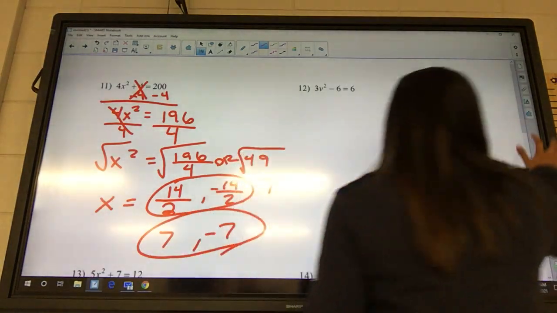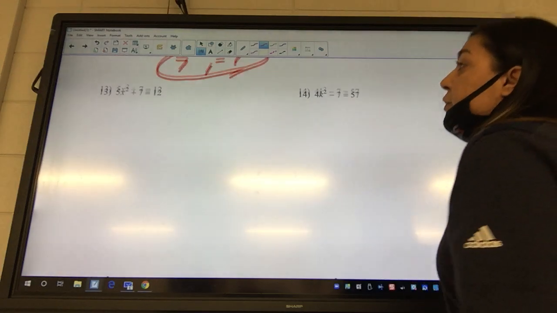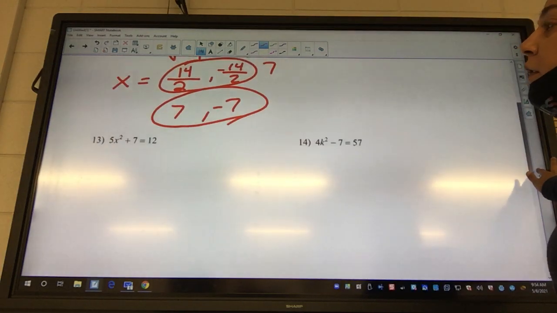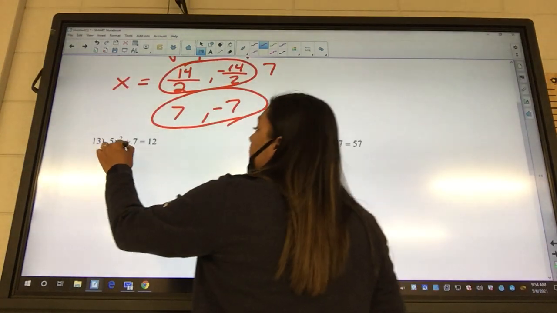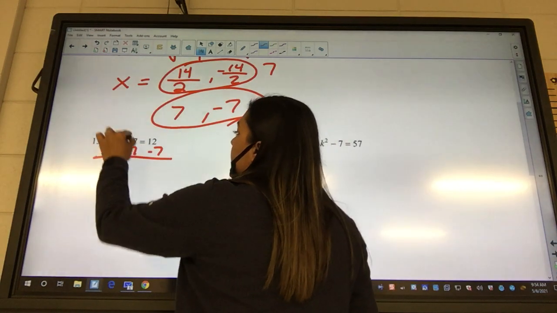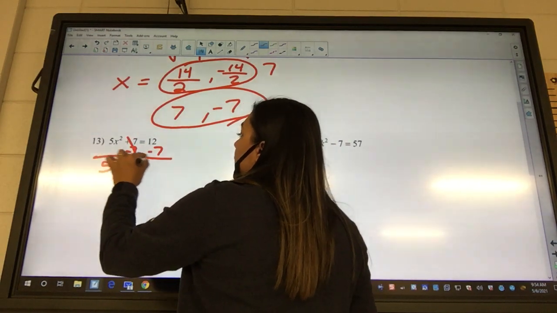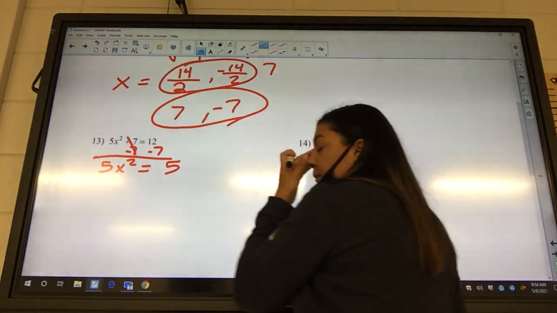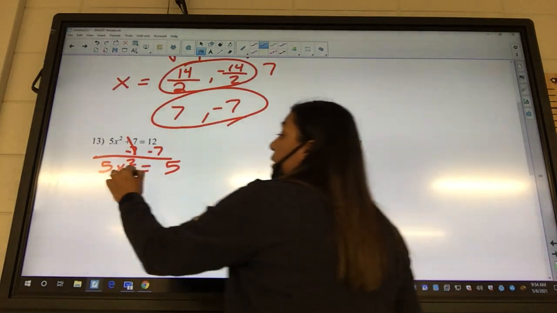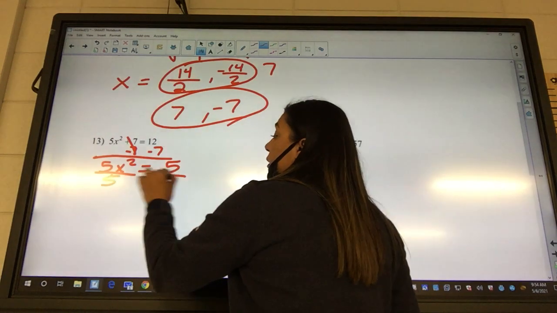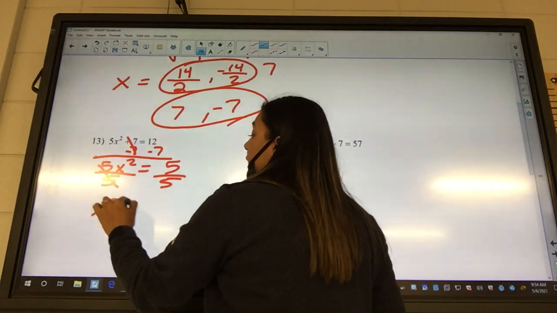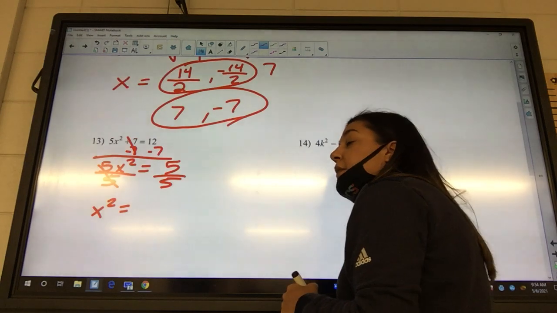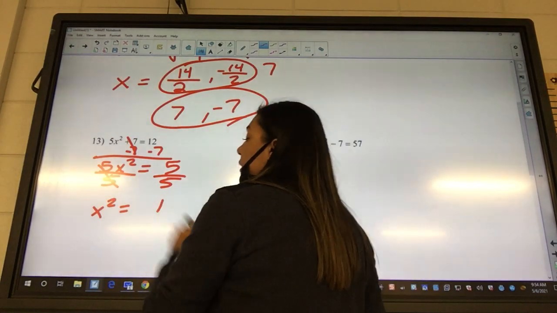Okay, look at 13. What needs moved first? The negative 7. So minus 7. But 5x squared, what's 12 minus 7? 5. Then what? Divide by 5. So I got x squared equals, what's 5 over 5? 1.